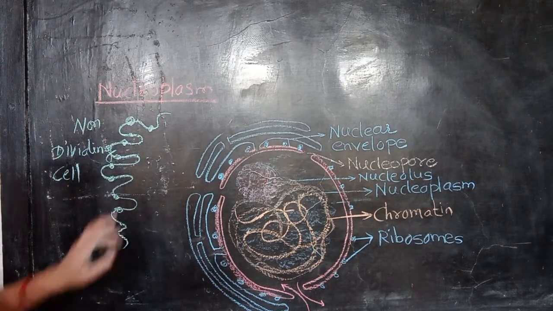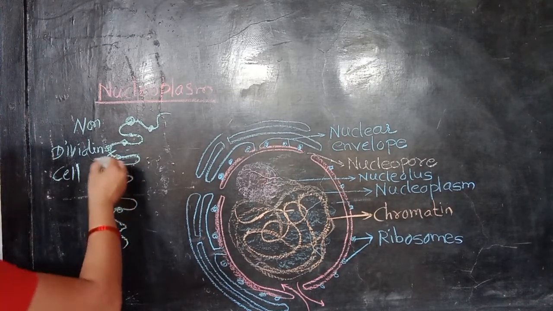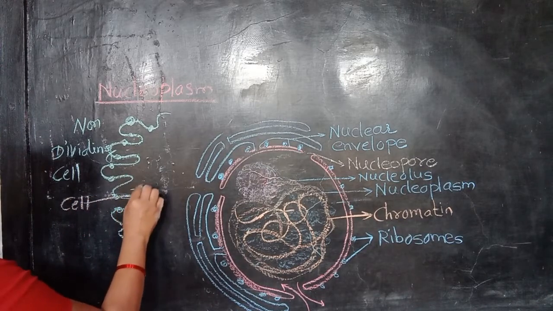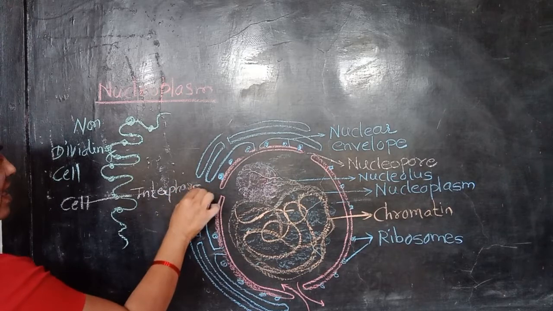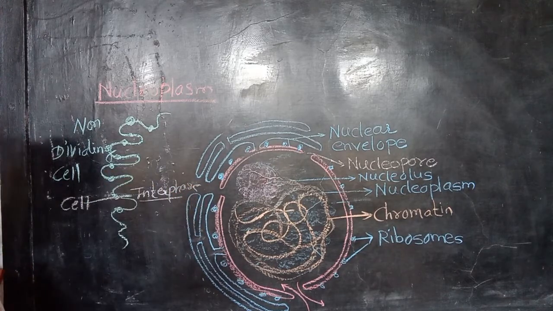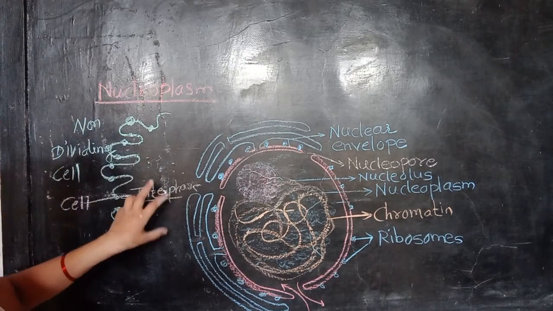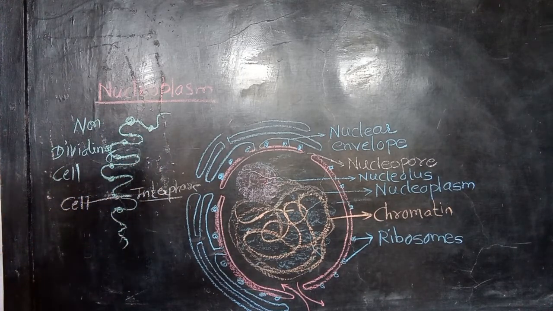It means when a cell is in interphase, interphase means the resting phase of the cell, then in that cell chromatin material appears like this.